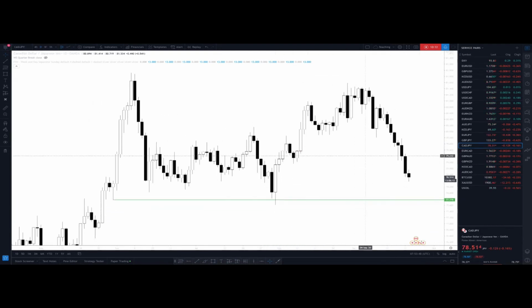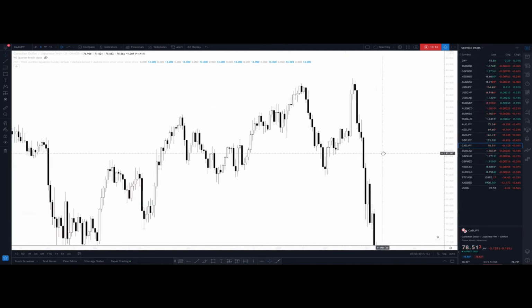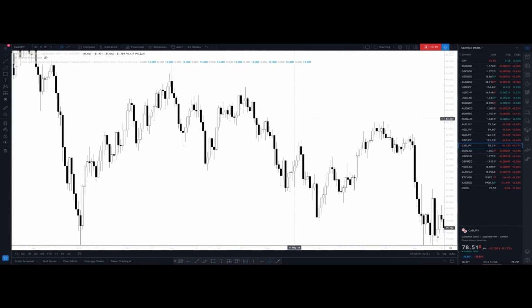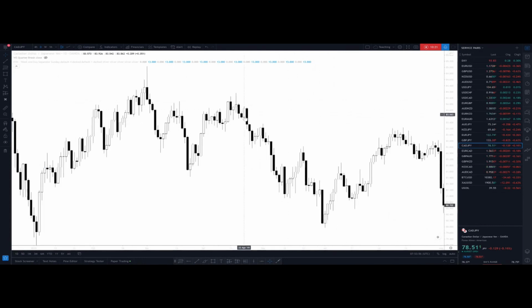So let's look at a quick example of price moving down right in here. Okay, so we identify that price is dropping in here. You go and watch another video called market structure. You understand when to know when price is going to go up or price is going to go down.